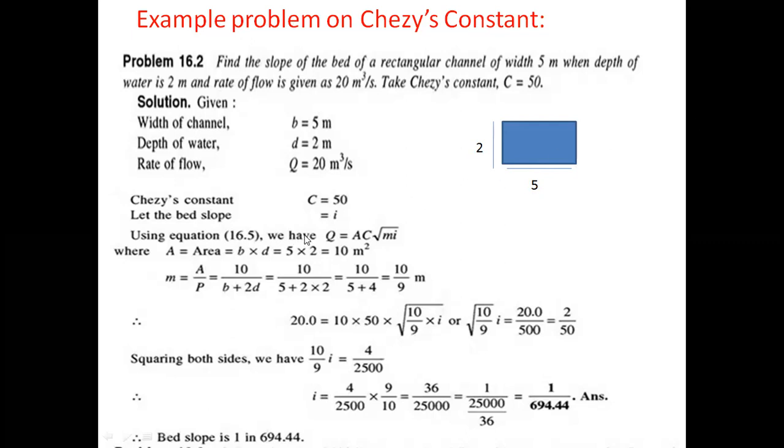Using the continuity equation, Q equal to A C root of m i, where A equal to the area equal to B into D, B equal to 5 and D equal to 2.